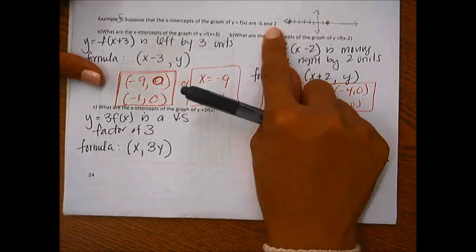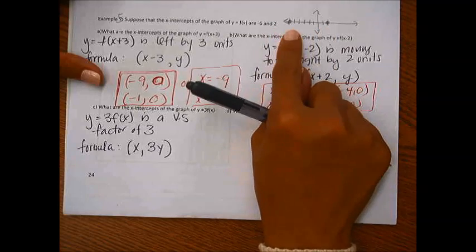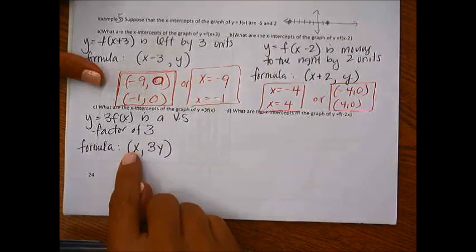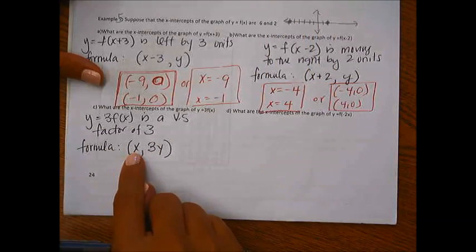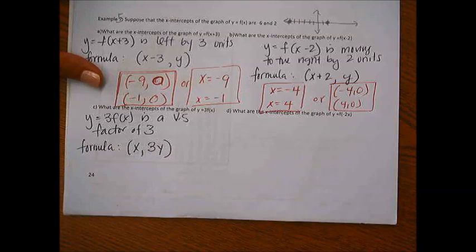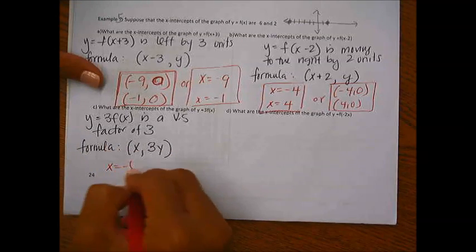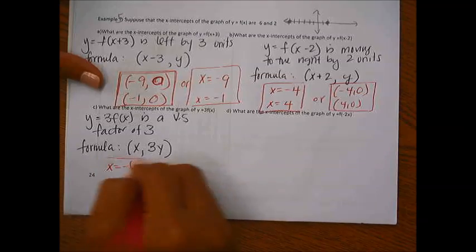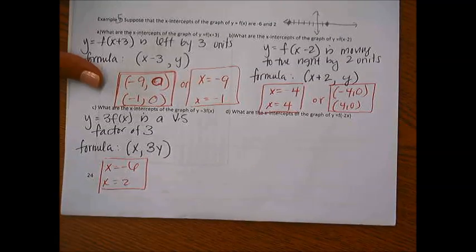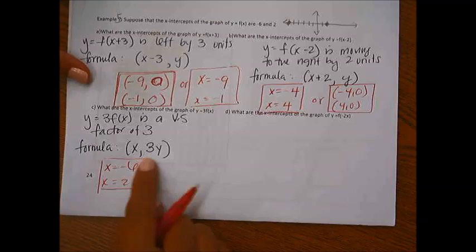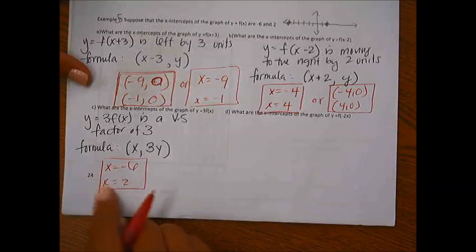So am I going to change anything with my x-intercepts? No, because the x is not changing. Look at my formula. X is still x. So my two x-intercepts are still at -6 and +2. So the vertical stretch did not change my x-intercepts.